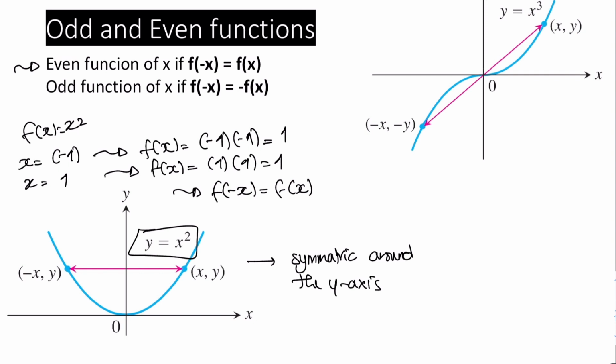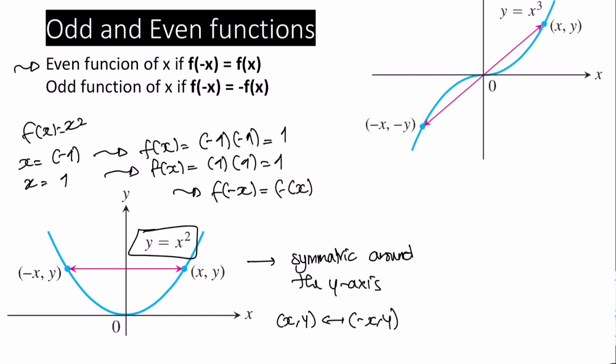It's symmetric around the y-axis. And I can't have a point x, y unless I have a complementary point minus x, y.